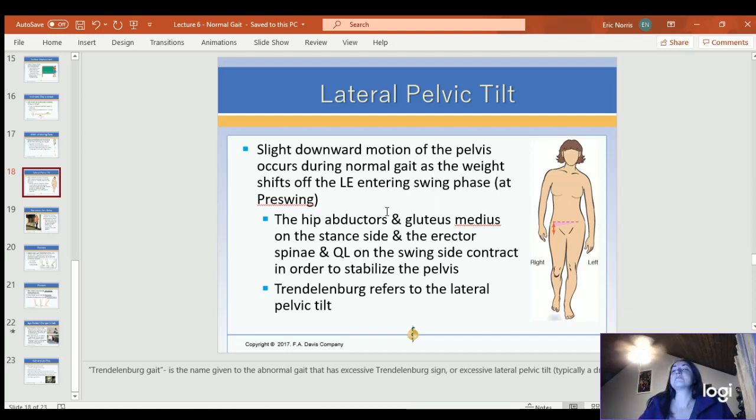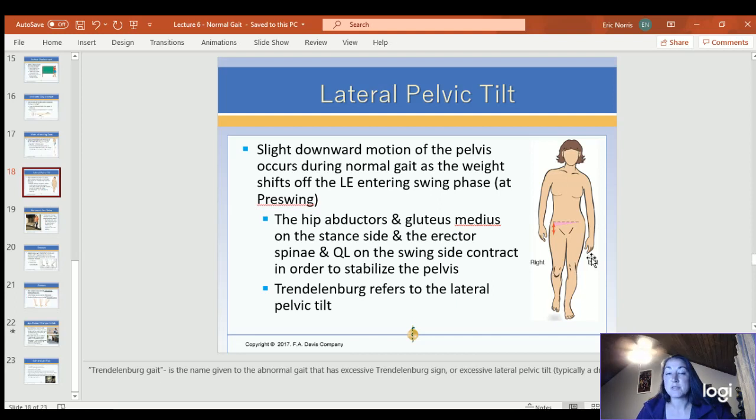So the lateral pelvic tilt is just a slight downward motion that actually happens in normal gait whenever you begin to shift the weight off of one leg and enter the swing phase. So in this picture, they are shifting the weight onto the left leg and entering swing phase with the right, and so the right side would drop.